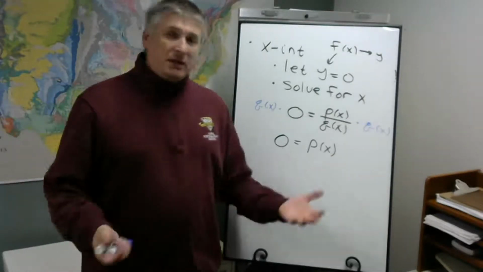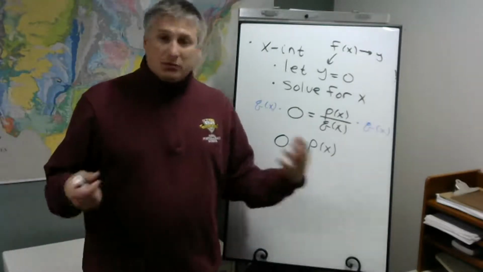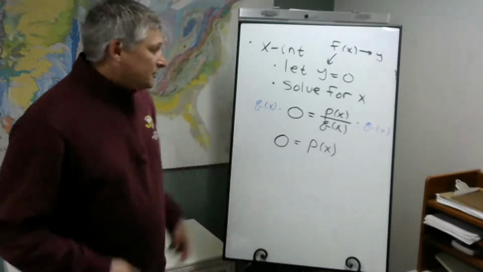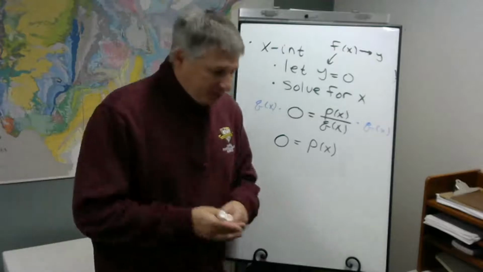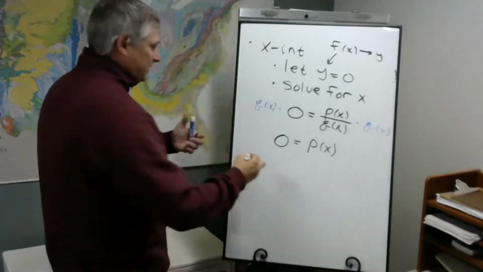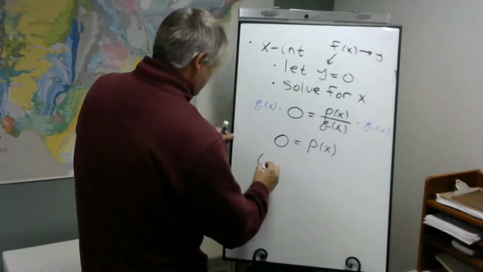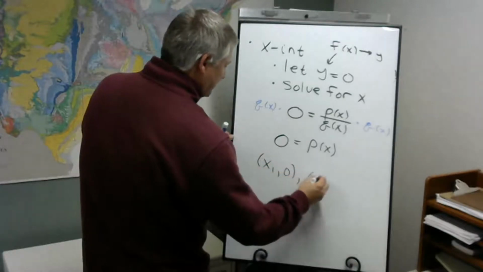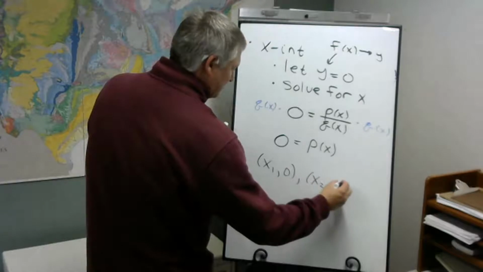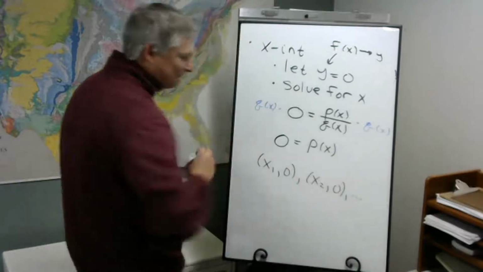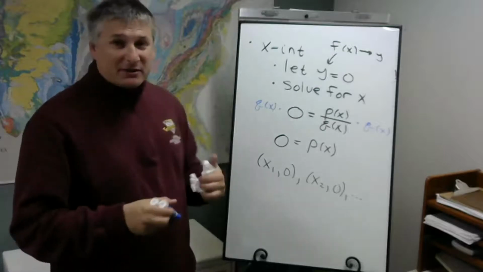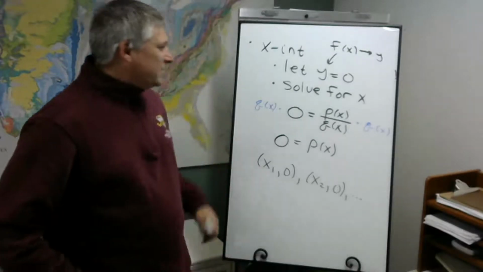And as we've seen with polynomials, they could have multiple values of x that satisfy this equation. So that means we get multiple x-intercepts. We could get, say, our first x-intercept, then a second x-intercept, and so on. So that's our x-intercepts.